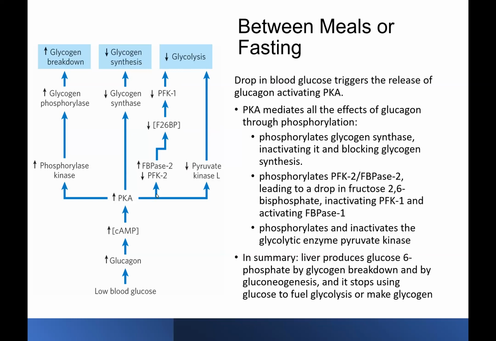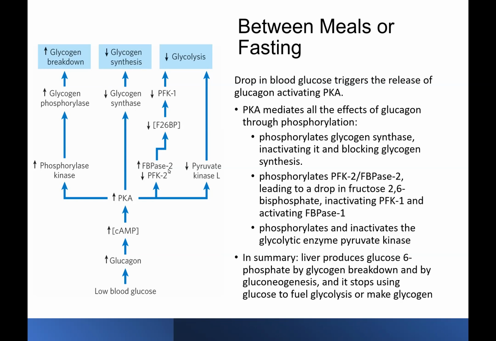We also reviewed yesterday this whole sequence of events where, in this case, we're between meals or fasting, we lower the concentration of fructose 2,6-bisphosphate, and we actually inhibit glycolysis, right? And that happens through this bifunctional enzyme, PFK2 and FBPase2.